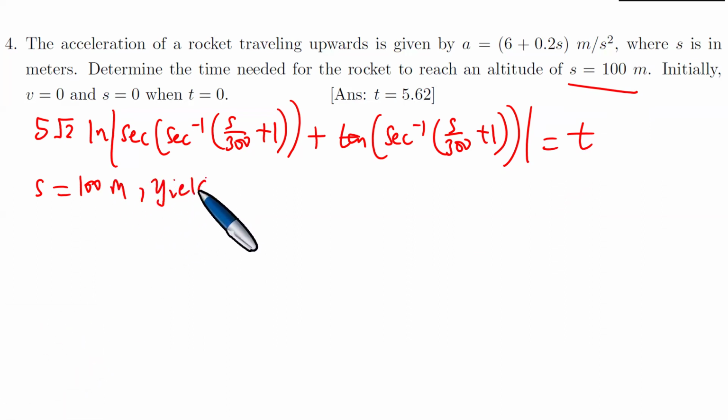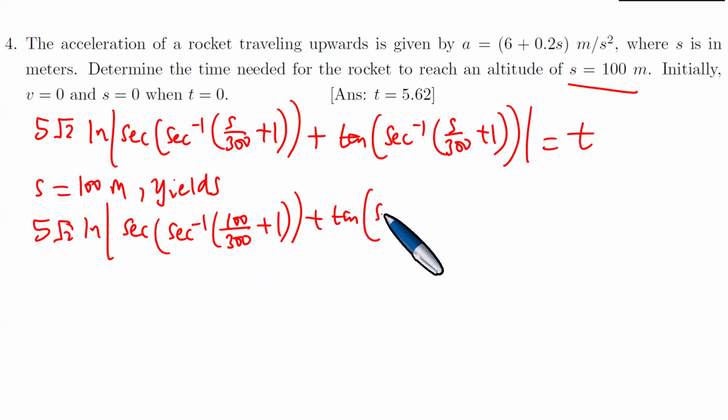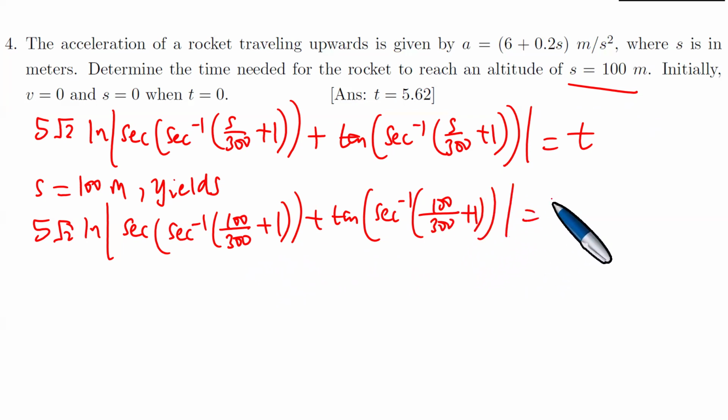So s equal to 100 meters yields 5 square root of 2, the ln of the secant of arcsecant, so you put 100 divided by 300 plus 1, and then you have the tangent of arcsecant of 100 over 300 plus 1, equals t, which is this.